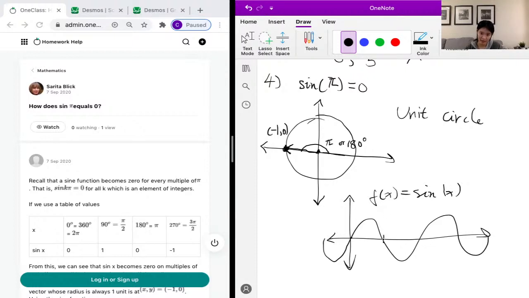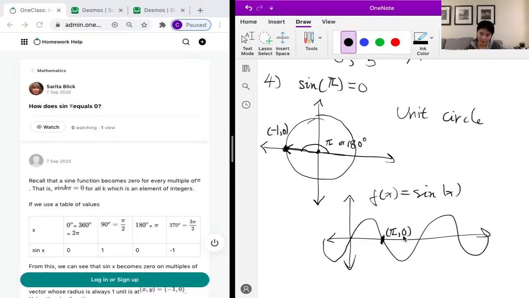So at the value x equal to pi, so here x is equal to pi. On this point of the function, when x is equal to pi, the y value is 0.